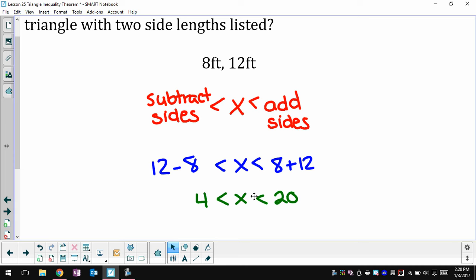So my third side, x, in order to build a triangle that has a side of 8 feet and 12 feet, has to be bigger than 4 and smaller than 20. I could build a triangle if I picked a length between those two lengths.